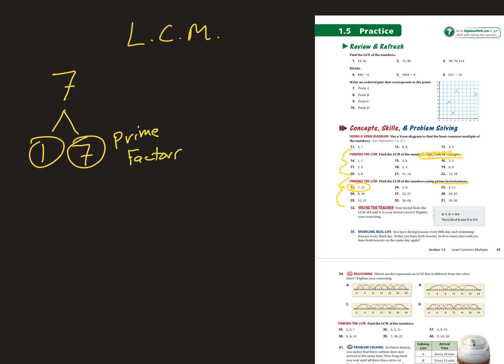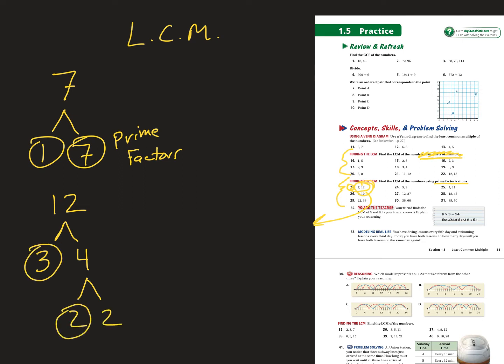Then for 12, hopefully you start moving a little faster with this as you get more practice, it's 3 times 4, and the 4 is 2 and 2. So our prime factors are 3, 2, and 2. Prime factors are circled there.